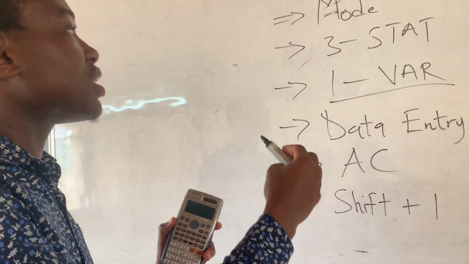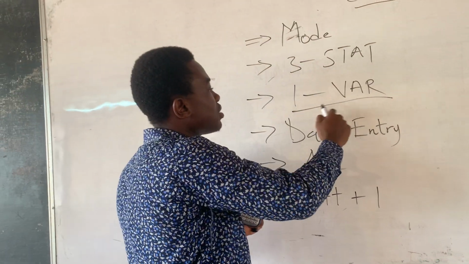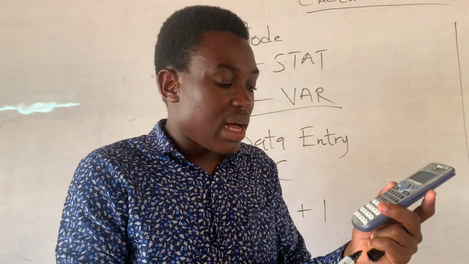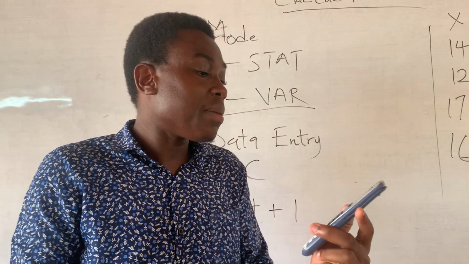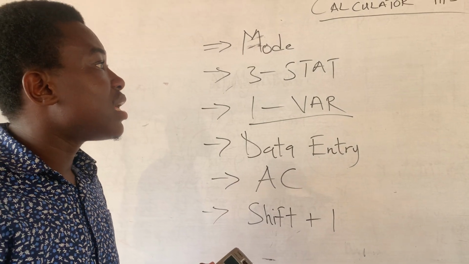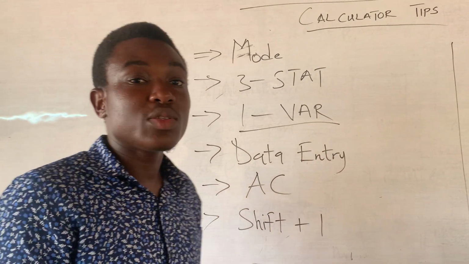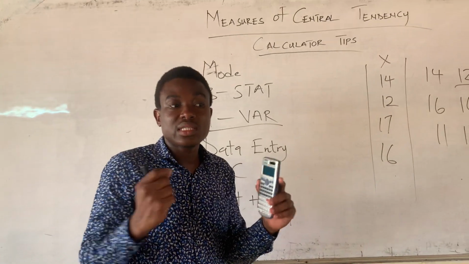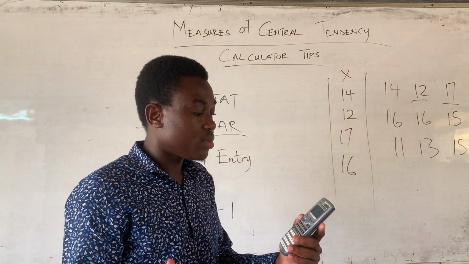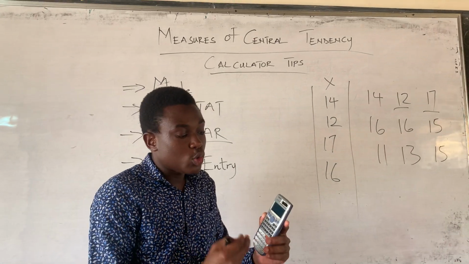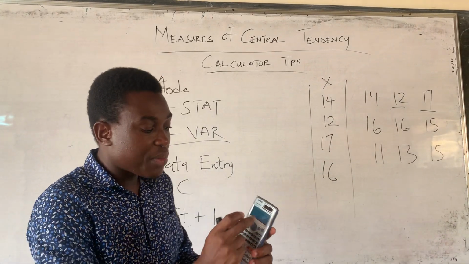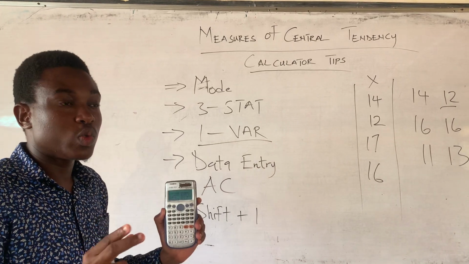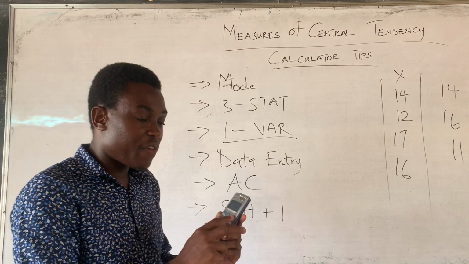So let's say you are going to enter another data, but this time around we are not making a calculation on measures of central tendency. You could be calculating something on correlation or regression, where you need to use other options. So if you come here, that's where you are going to choose any other option that you want to use. So that's what the type does.